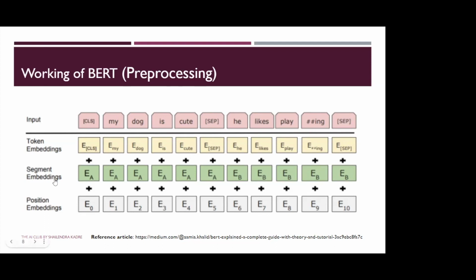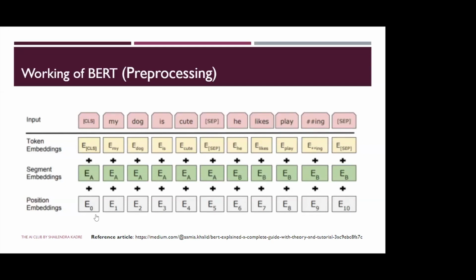Next, segment embedding. As I've said, the segment embedding is for classifying tokens belonging to particular sentences. Each token belonging to the first sentence gets the segment embedding A, if you see here. Next, each and every token belonging to sentence B gets B. And if we have more sentences, that process goes on with more segments.